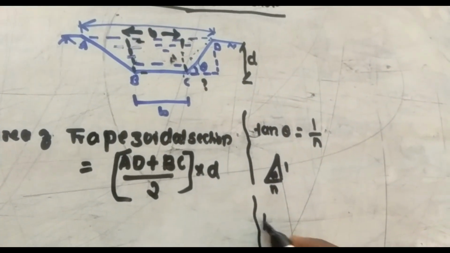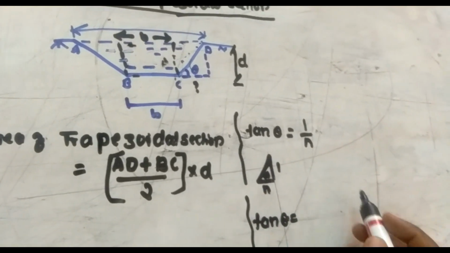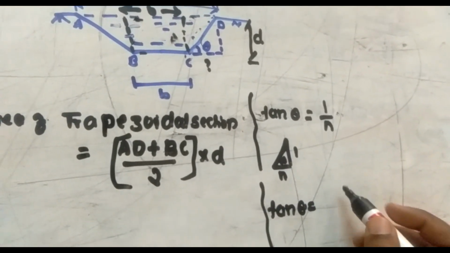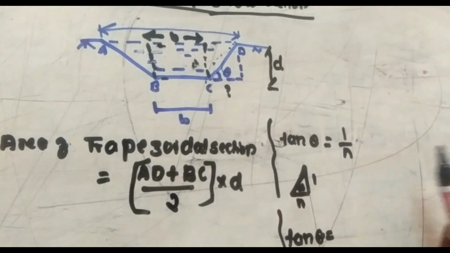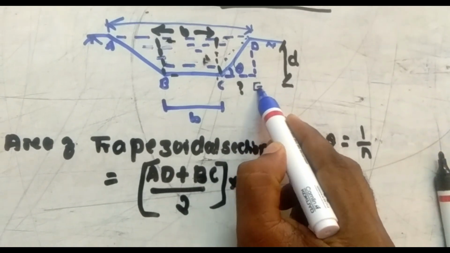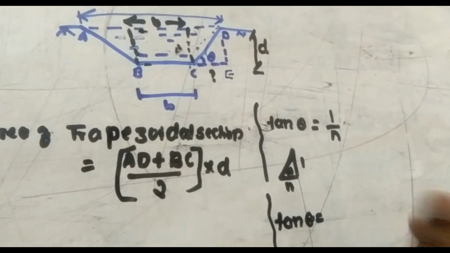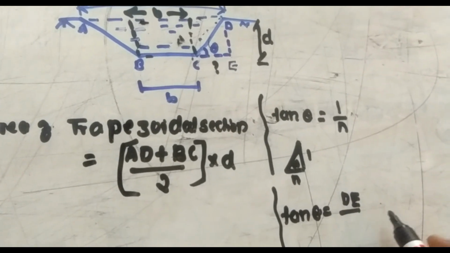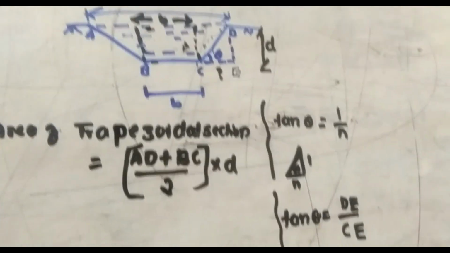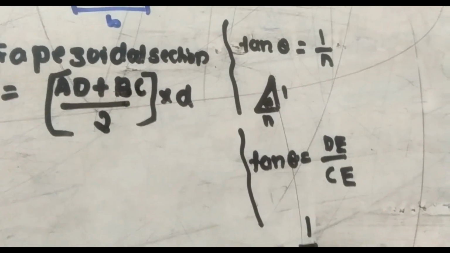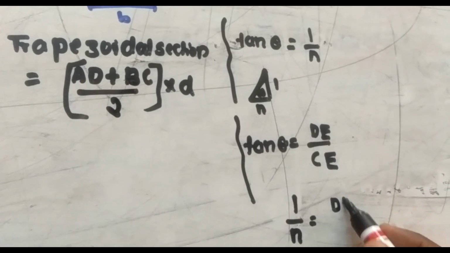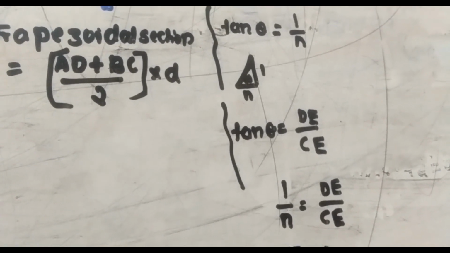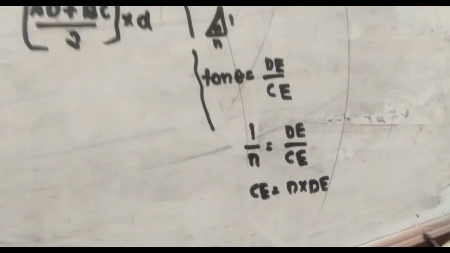So here tan theta is equal to the perpendicular side, which we can name as E. Tan theta is the opposite side divided by the adjacent side, C. So tan theta equals 1 by n, which equals dE divided by C. So CE is equal to n into dE, n into d.